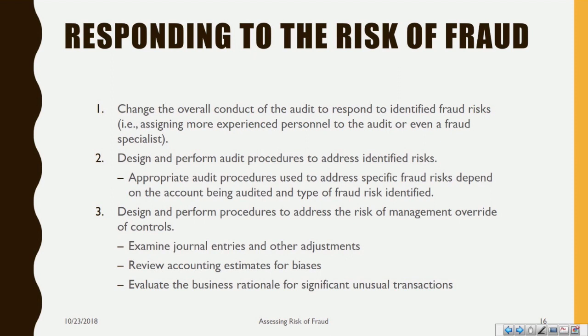So auditors would overall change the audit to respond to the identified fraud risk. It might be, if there's a high risk of fraud, assigning more experienced people to that particular area of the audit, or engaging a fraud specialist. Design and perform your audit procedures to make sure that you address that specific risk.